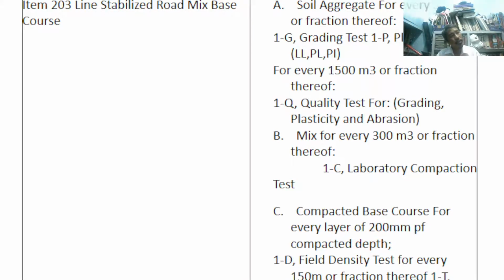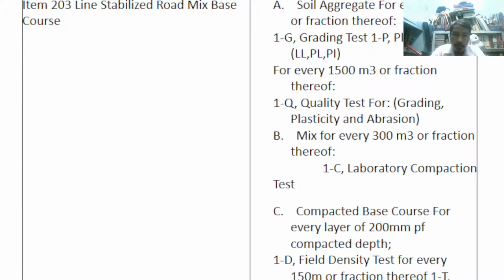So you have to take a look at the layers and the thickness of those layers. Every 150 meters, imagine that. 150 meters, not 1,500. 150 meters. Okay? So for every 150 meters, we need 1-T thickness test. Okay? So there are plenty of thickness tests now. 1-Q, 1-T are added.